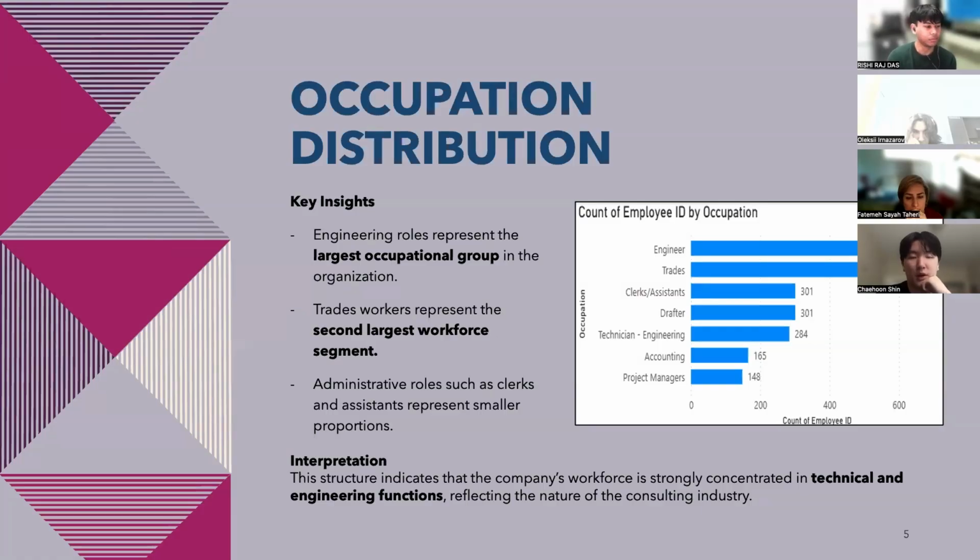What I'm going to cover is occupation distribution, based on the count of employees by occupation in the company. In this graph, I can tell the engineering roles represent the largest occupational group in the organization, and the trade workers were the second largest workforce segment, and the administrative roles such as clerks and assistants represent a smaller proportion.